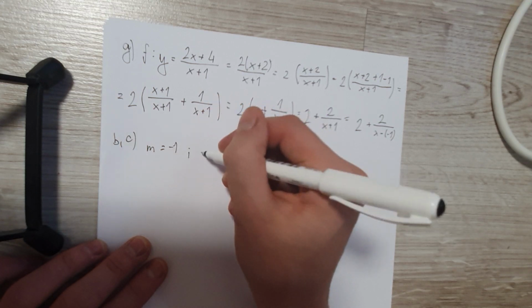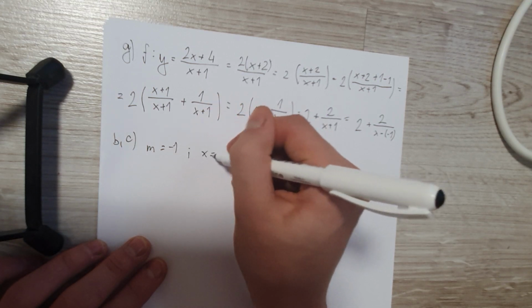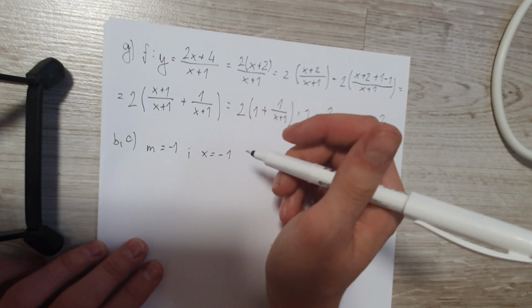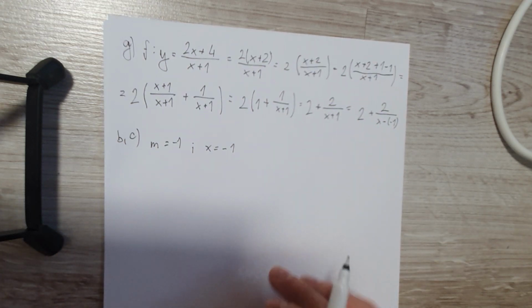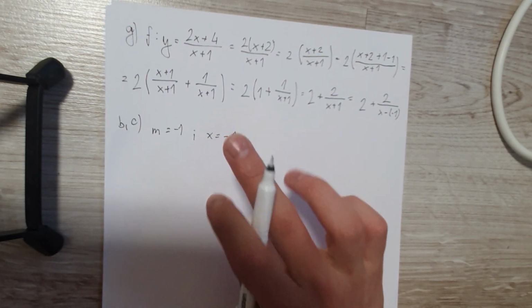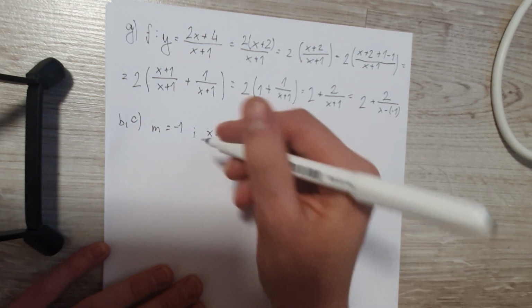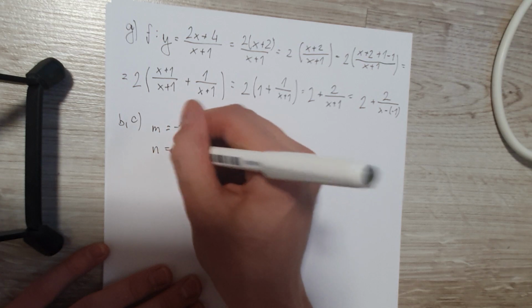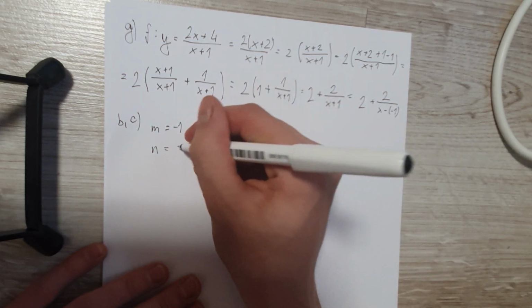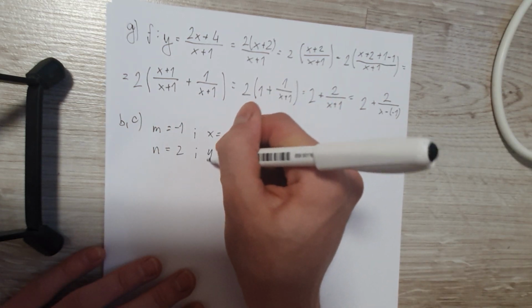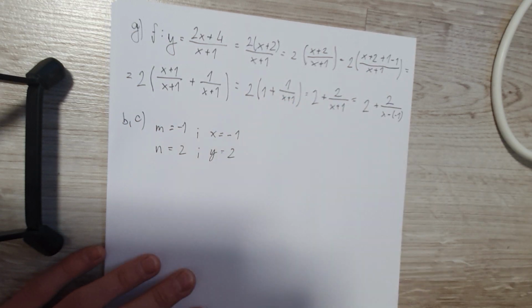Also, I will write it like x is equal to minus 1. It will be easier for me to then get into the graph with this, and for the horizontal asymptote, it's the n from the graph, and it's 2, and I will also write it for myself as this.